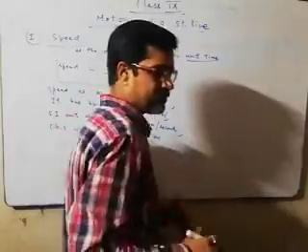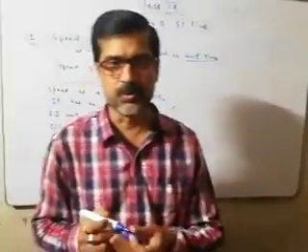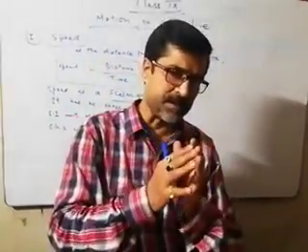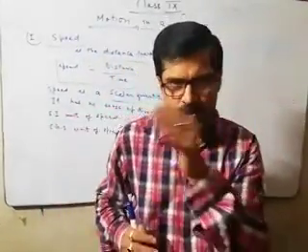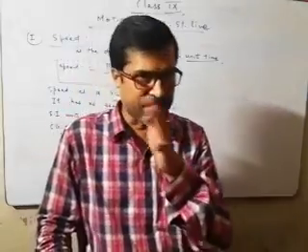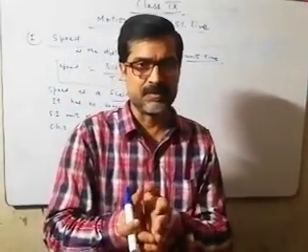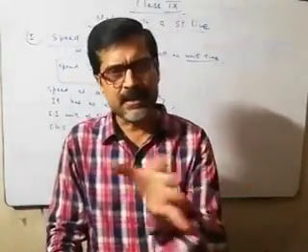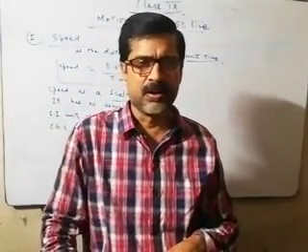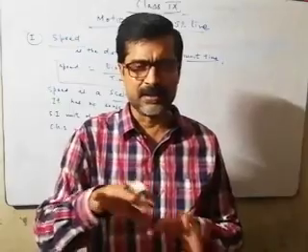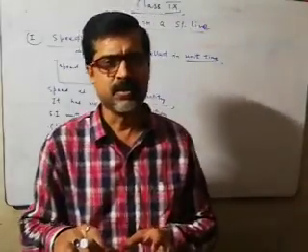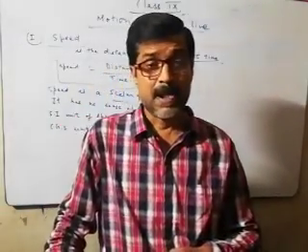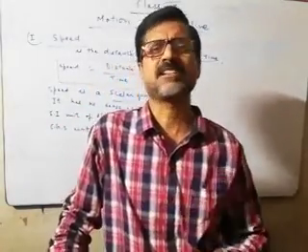But the common unit that we use for different types of speed calculation, like you might have seen the speedometer of vehicles like our bikes, cars, buses. Generally the average speed of a car or bus or bike in town is 50-60 km per hour. So this is a normal average speed.